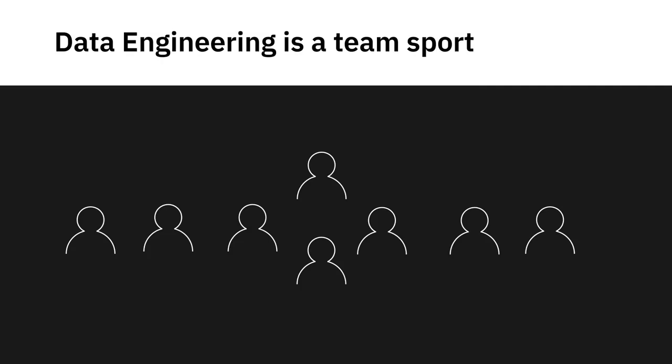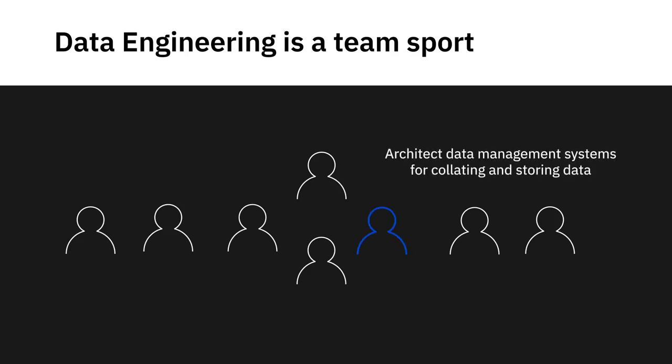No one person is expected to have all the knowledge, skills, and specializations required for the wide-ranging tasks covered within the scope of data engineering. For example, to architect any data management system, be it for collecting source data or storing processed analysis-ready data, you need to have the skills of an architect.